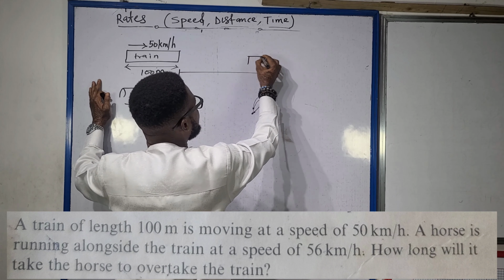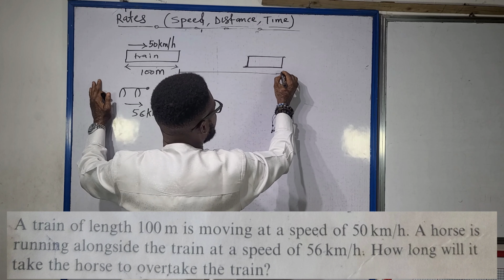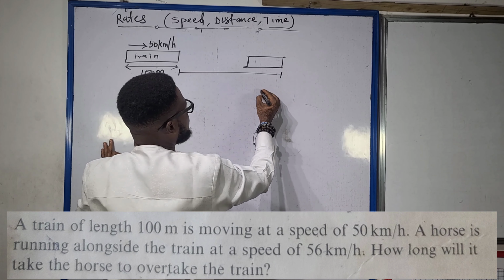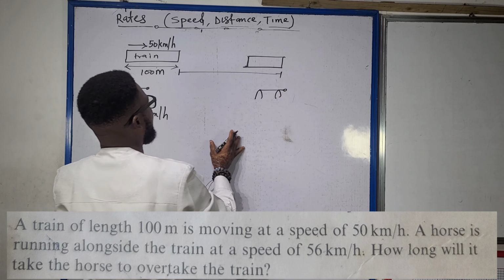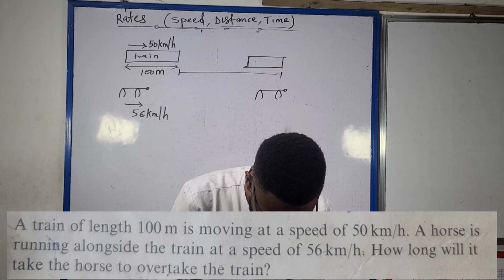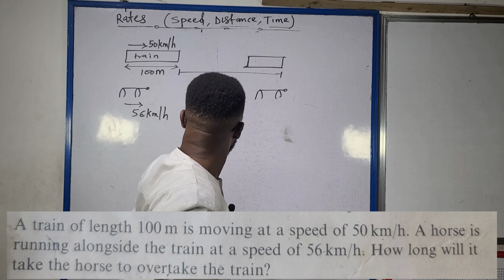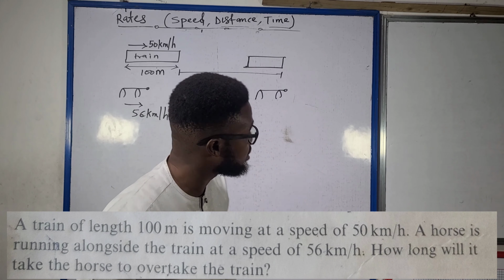Okay, let this be the train now. Let this be the train. And of course, let this be the horse just about to overtake the train. So you look at what the question is saying. The horse is moving at 56 kilometers per hour. How long will it take the horse to overtake the train? How long?